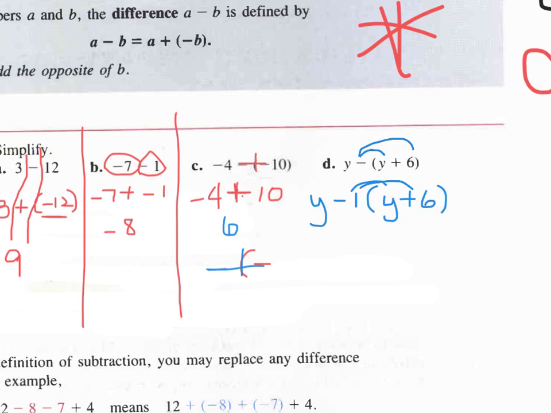Everybody always remembers to subtract the first y, but then they have to remember that you have to distribute and make the 6 negative. And then here you can see that y minus y is 0. It's gone, leaving you with negative 6. So this is called the opposite of a sum. Or just remember to distribute the subtraction sign or that negative sign.